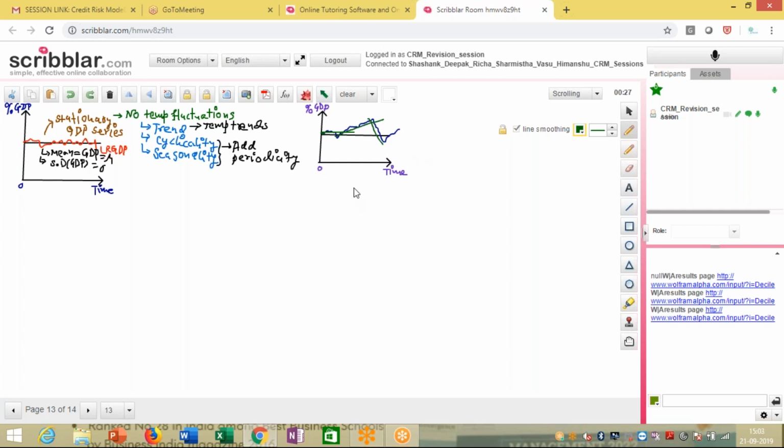So one thing you can see is that one unique straight line cannot really capture the overall behavior of the series. So if you consider this part of the series, you will get a specific value of mean. Then if you take up this part, you will get another mean value.